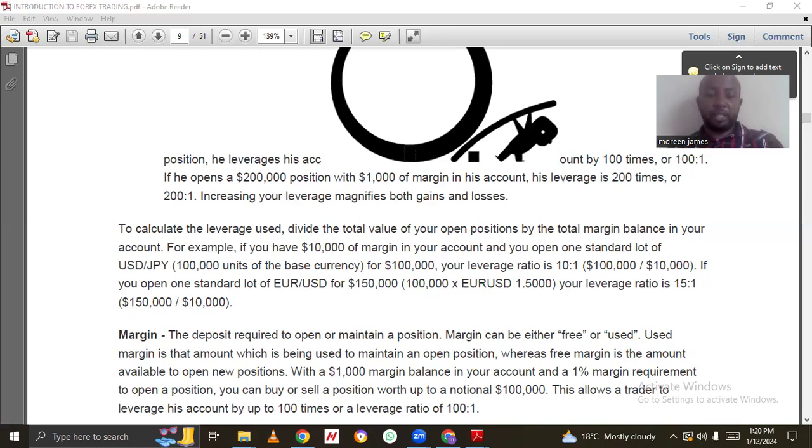Let me write here: technical analysis, fundamental analysis, and price action. That's what we'll be handling tomorrow.